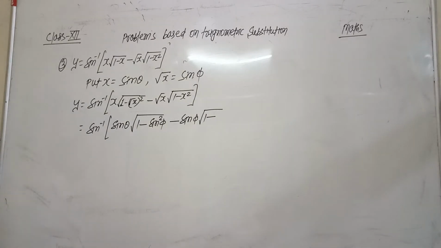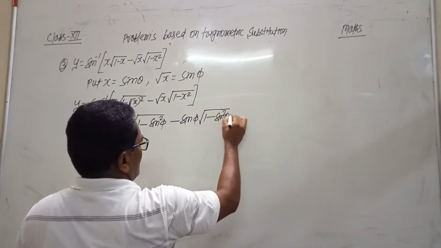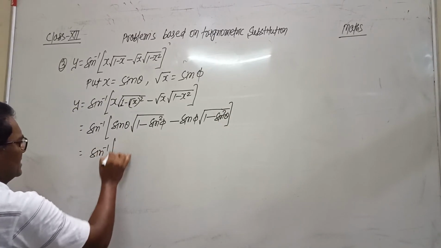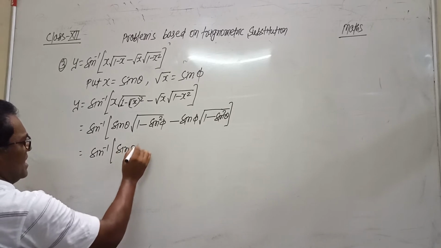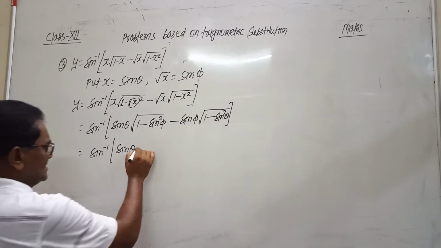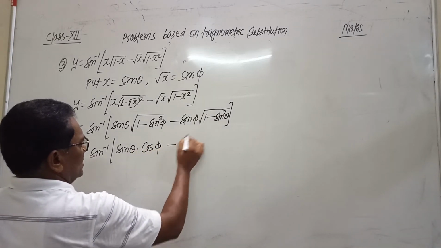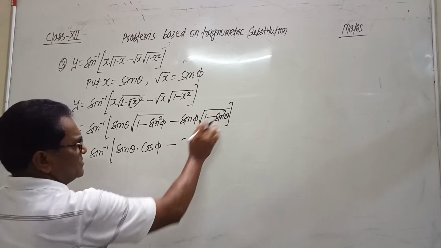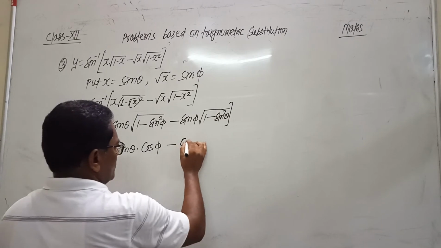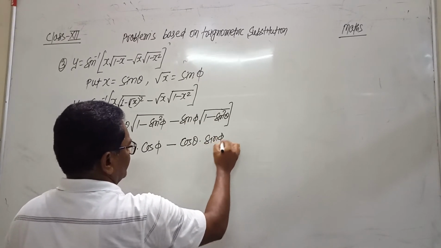The value of x is sine theta, so 1 minus sine square theta. So it gives sine inverse of sine theta, and this is cos square phi, the square and the square root cancel, and it comes cos phi minus, 1 minus sine square theta becomes cos square theta, and the square root gets cancelled, so cos theta into sine phi.